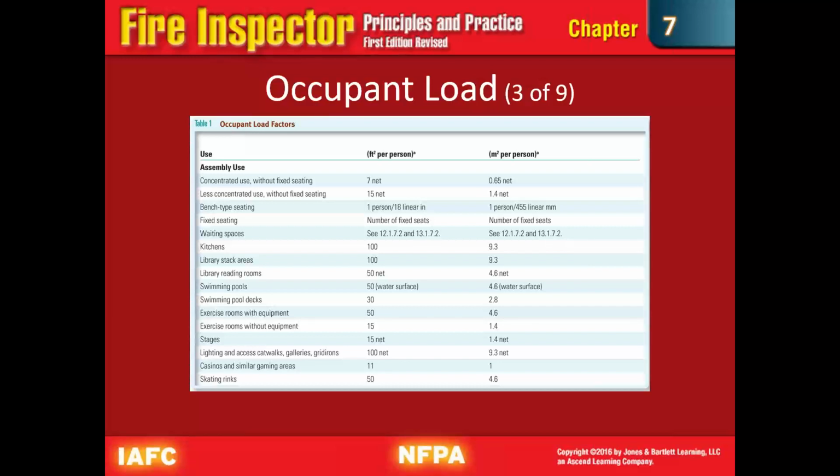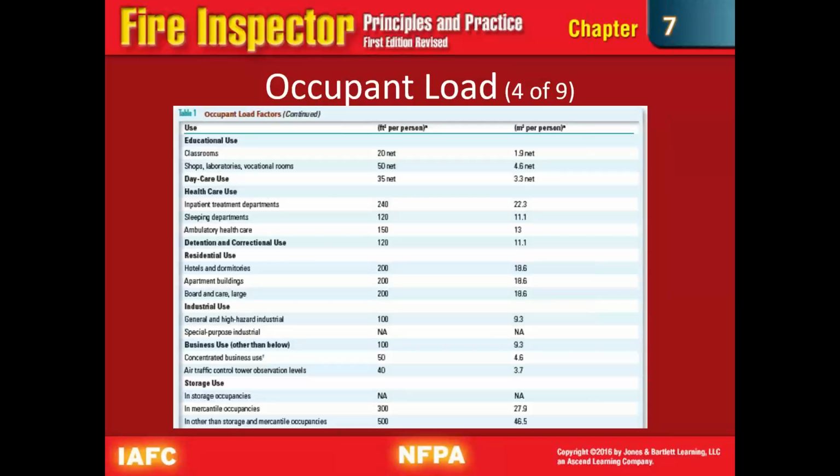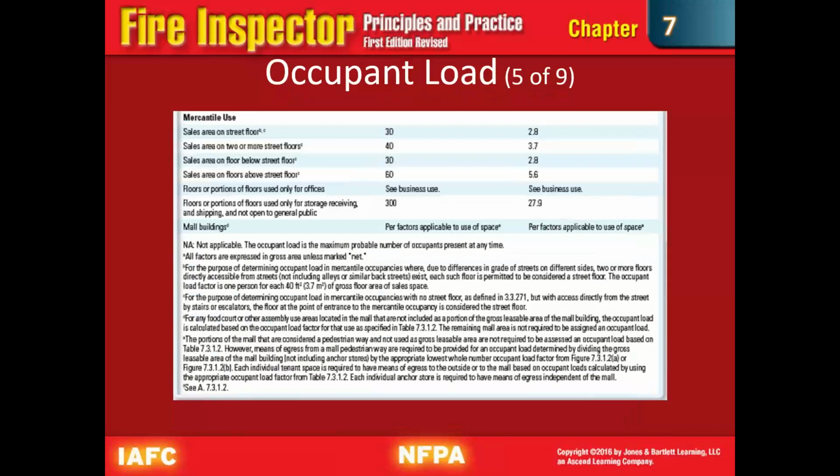So that's going to vary. Here's another one. This is going to be for educational use, healthcare, detention, so on and so forth. They're in your books. Definitely take time and look over them. These are different factors that you're going to be using while computing occupancy.